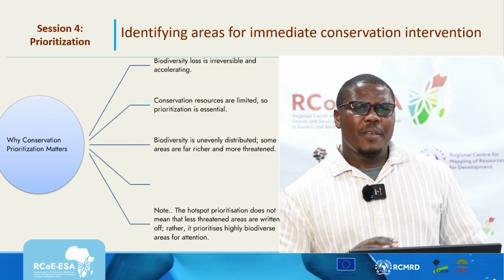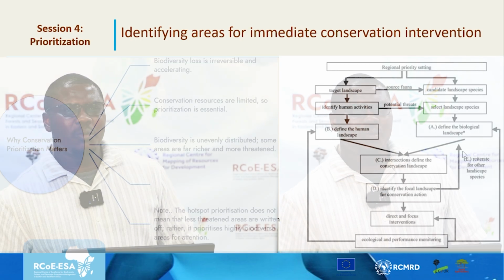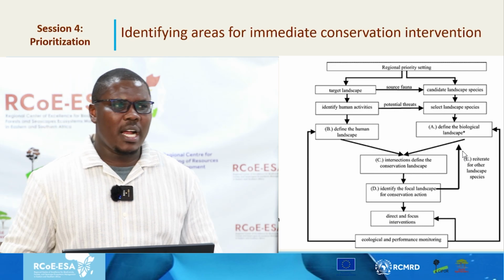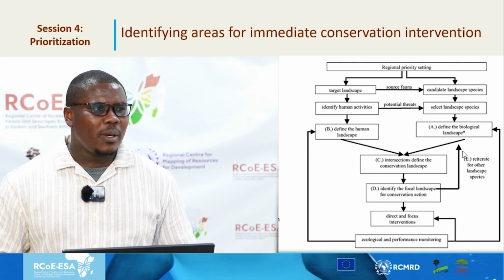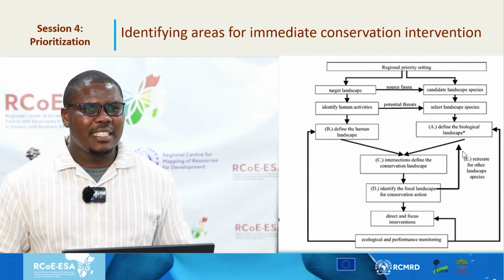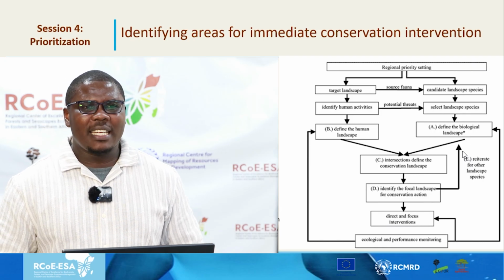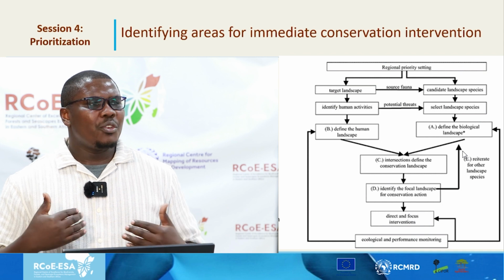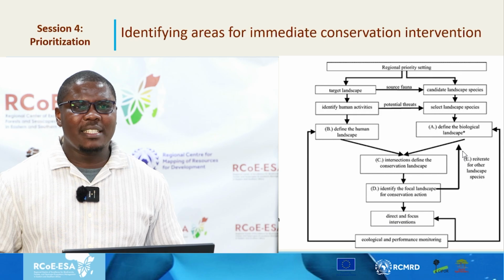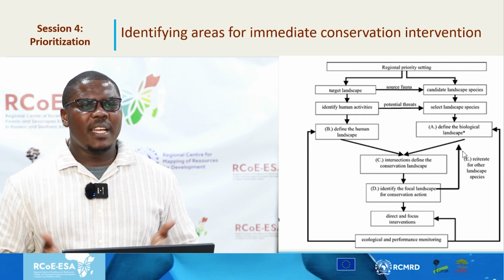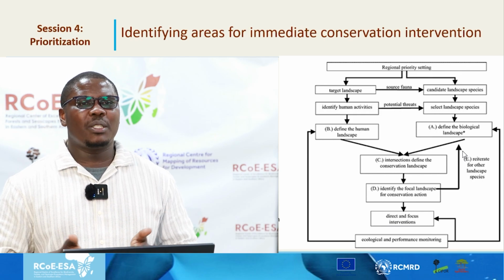So in this flowchart, we're giving a simplified approach that we can use to prioritize a region. Starting from the target landscape, the candidate landscape species, you identify the human activities in that area, select that landscape species, and define what's connecting between these two.